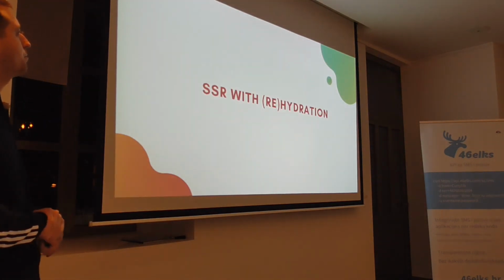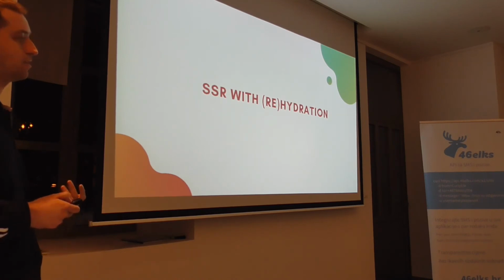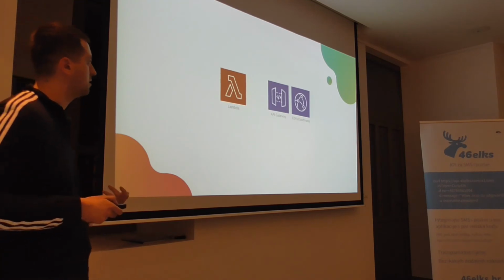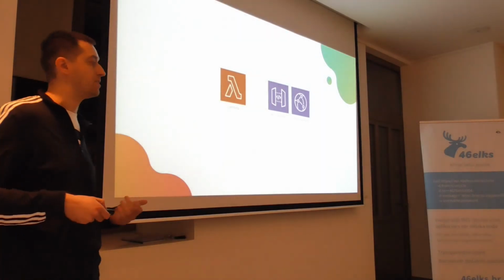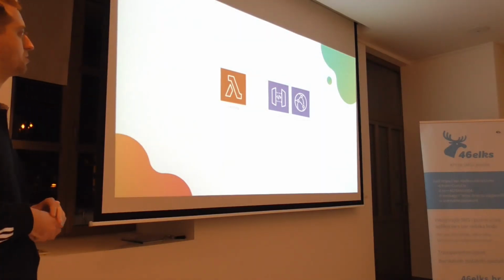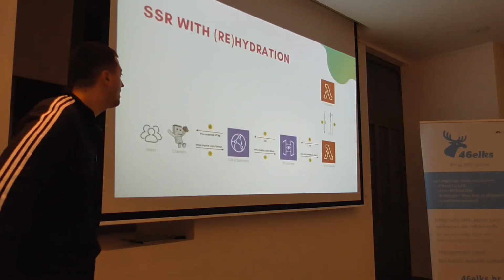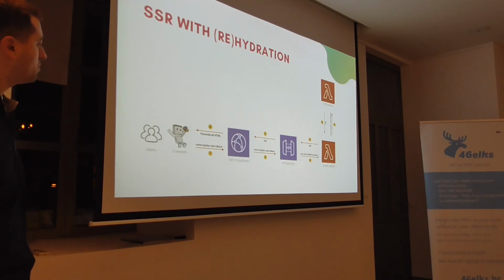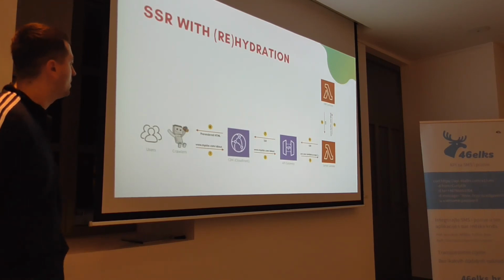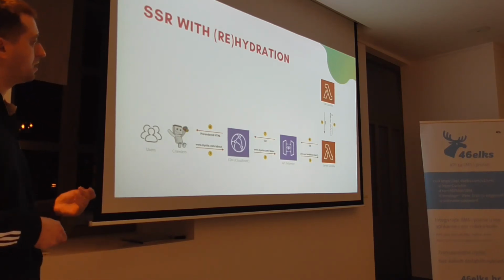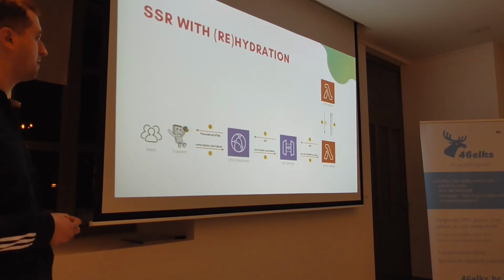All right, the second approach we tried is server-side rendering with rehydration. How does that look? Well, for this one, we even used fewer resources. We used a couple of Lambda functions and, the same as before, API Gateway and CDN. For both users and crawlers, the flow looks the same. Every time an HTTP request lands, it will eventually reach the server Lambda.